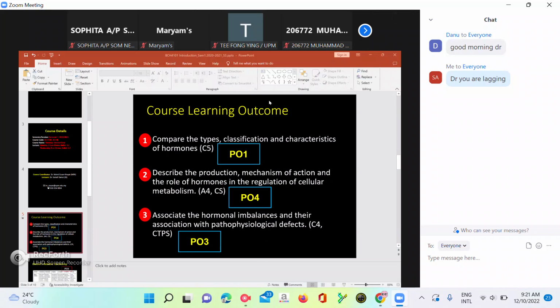Okay, the last learning outcome is PO3. PO3 is like PO1, but PO3 is the upgrade of PO1. In PO3 we expect you to associate hormonal imbalances and their association with pathophysiological defects.